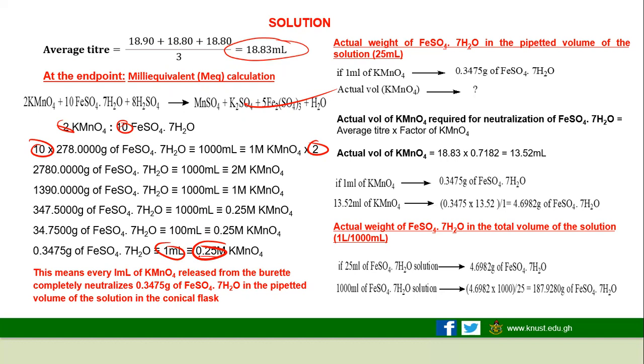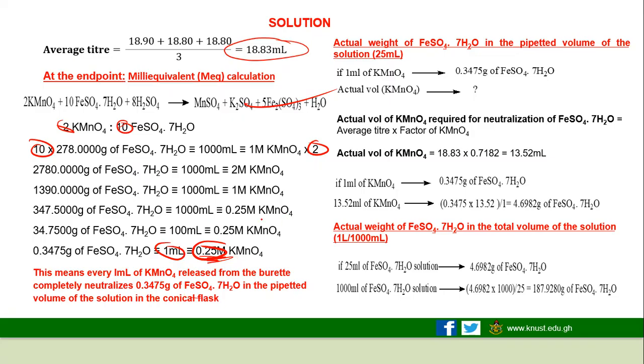Now when I get here, it means this concentration, the 0.25 molar of KMnO4, right? 1 ml of it will react with 0.3475 grams of ferrous sulfate heptahydrate. Very simple, right? Good. So this means every 1 ml of KMnO4 released from the burette completely neutralizes 0.3475 grams of ferrous sulfate heptahydrate in the pipette volume of the solution in the conical flask.